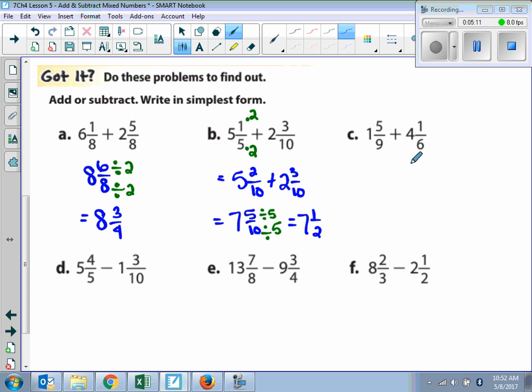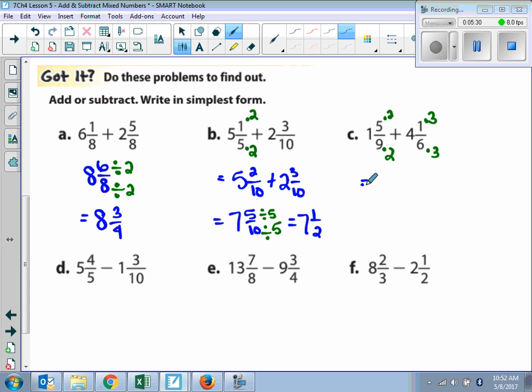How about 9 and 6? What's the common denominator with 9 and 6? 18. Very good. So here we're going to multiply times 2 here and times 2 there, and for 6 to turn it to 18, we're going to multiply times 3. We do that in the numerator and the denominator.